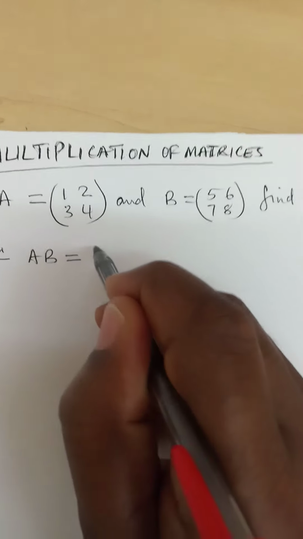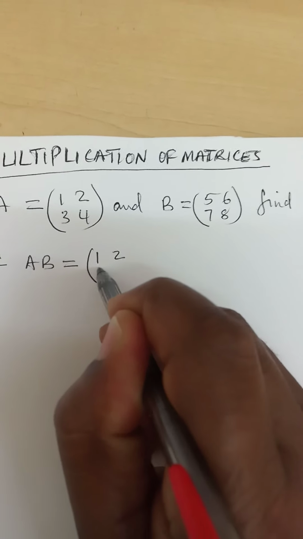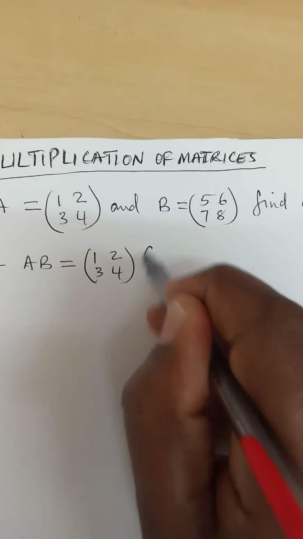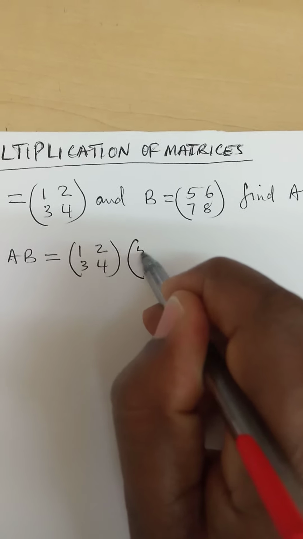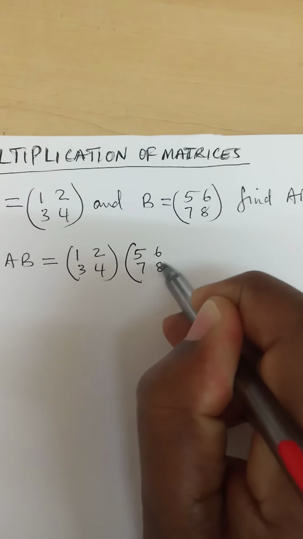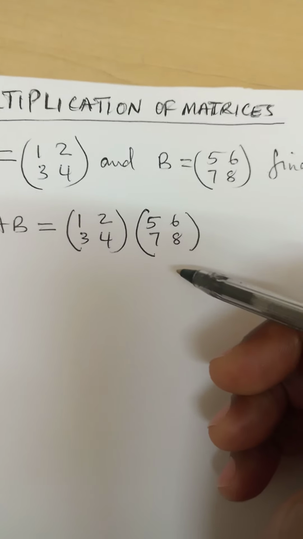Our AB will be 1, 2, 3, 4 times 5, 6, 7, 8. We don't need to indicate the times symbol. We simply arrange the working and proceed.